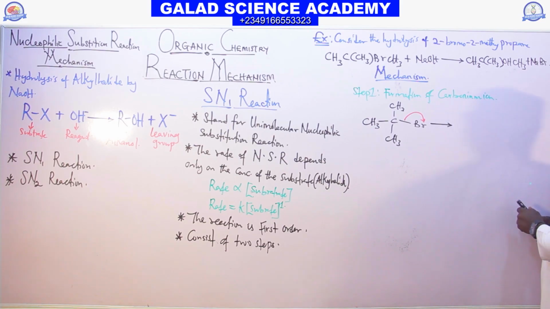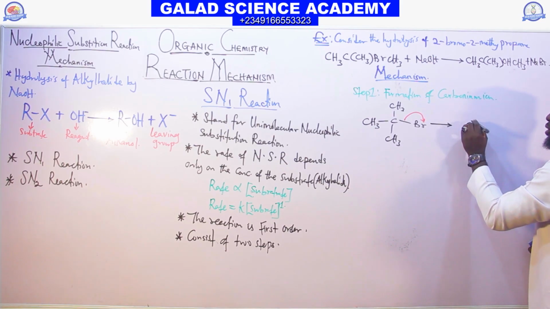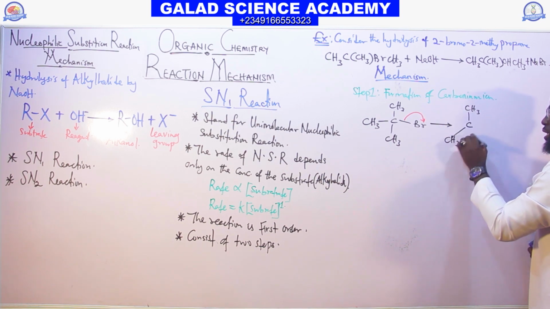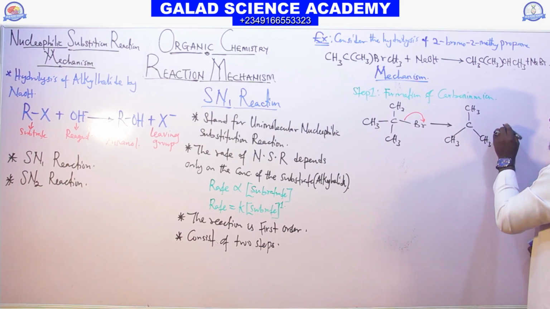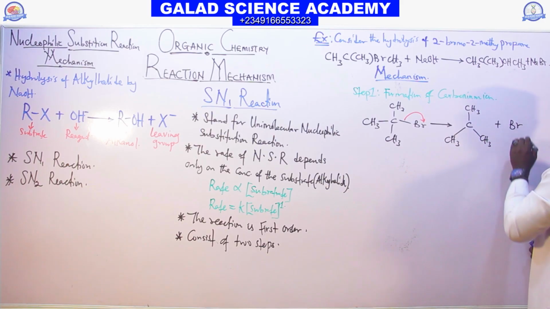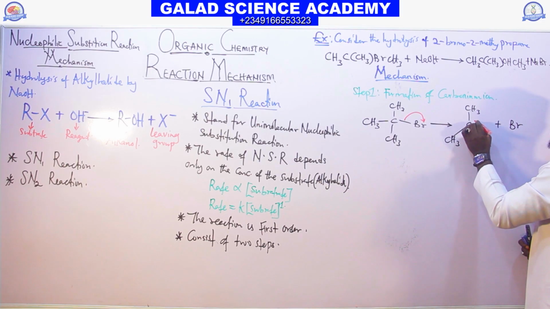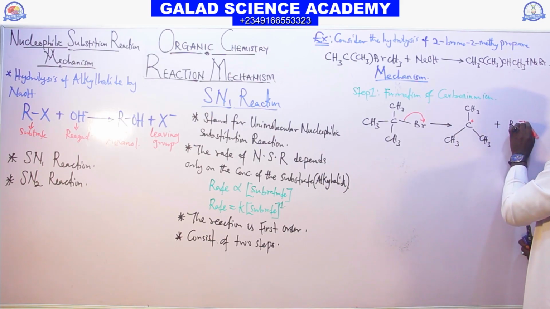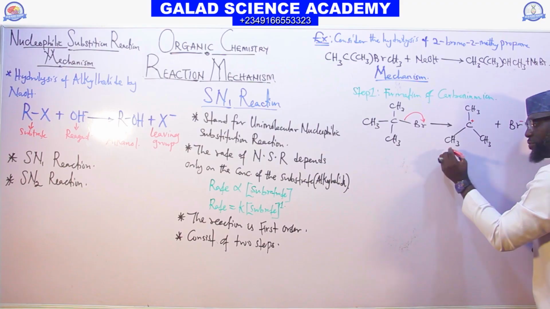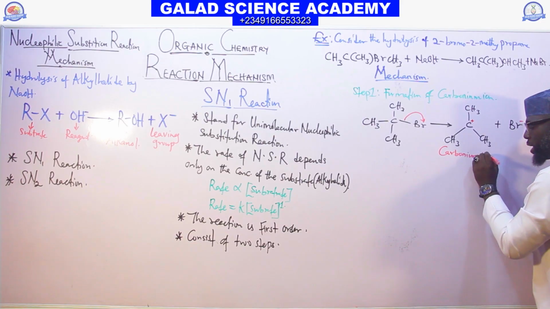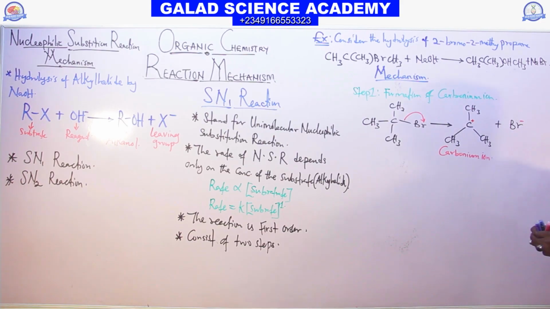If the bond shifts to bromine, this carbon will become CH3 in this form, CH3 plus, and the bromine will become negative. The compound that you have there is what we call the carbonium ion. That's the first thing we need in step 1.